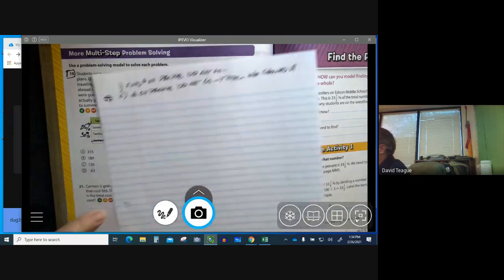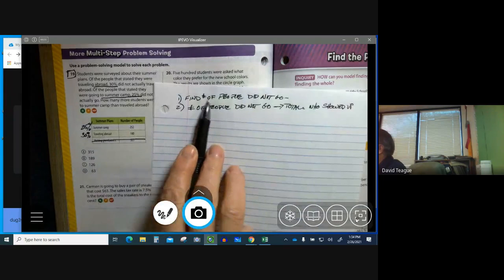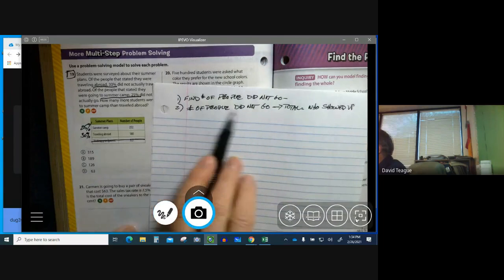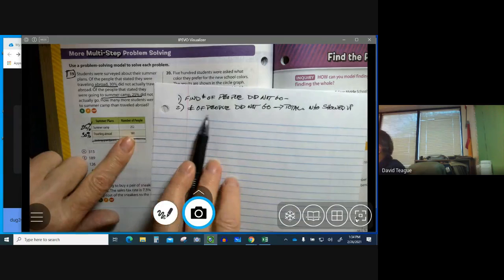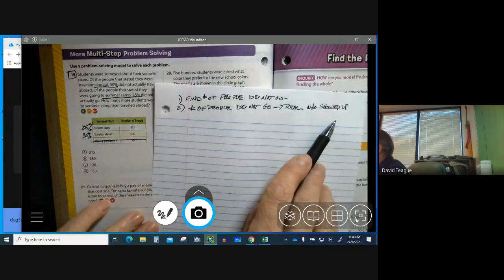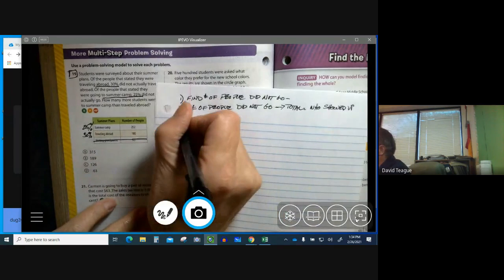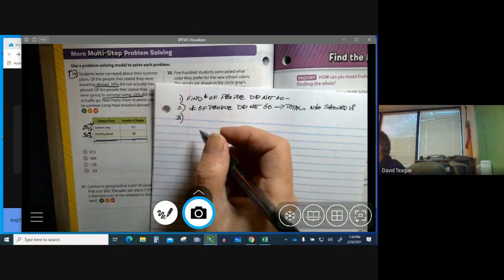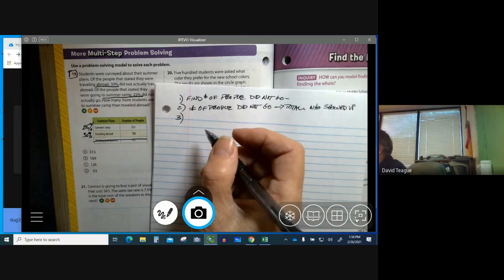Okay, so we have to find the number of people who didn't go. We're going to take that number of people and subtract it from the total number to find out who showed up. Then we'll have our two totals: one total for summer camp and one total for going abroad, and we're going to subtract them.